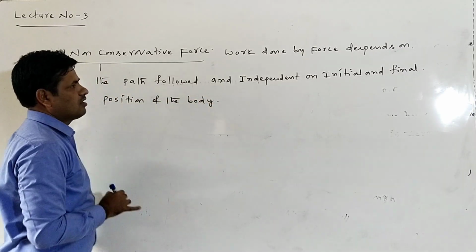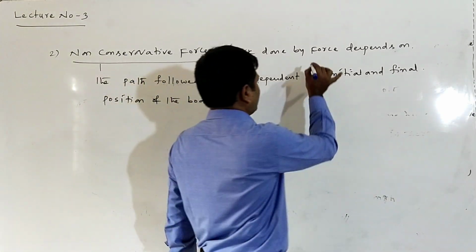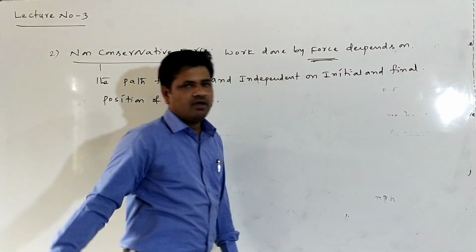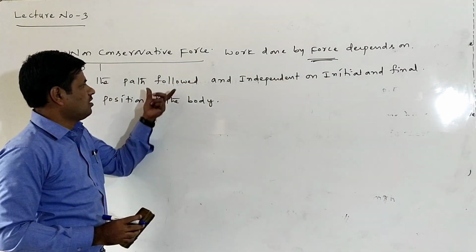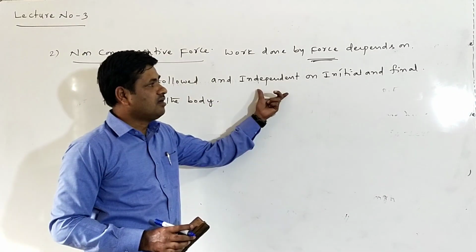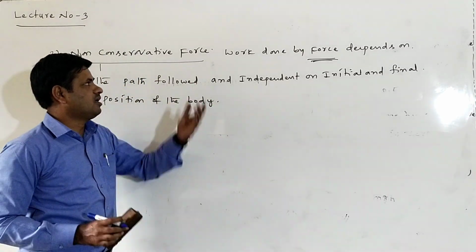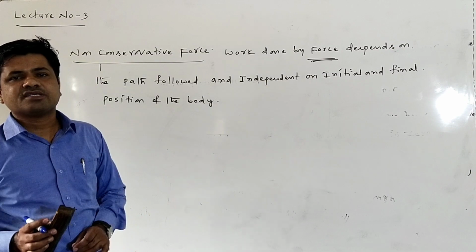That is called a non-conservative force. The work done by this force is called a non-conservative force. It depends only on the path followed. It is independent of the initial and final position of the body. That is called a non-conservative force.